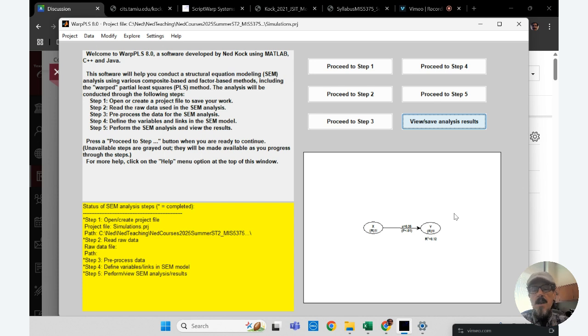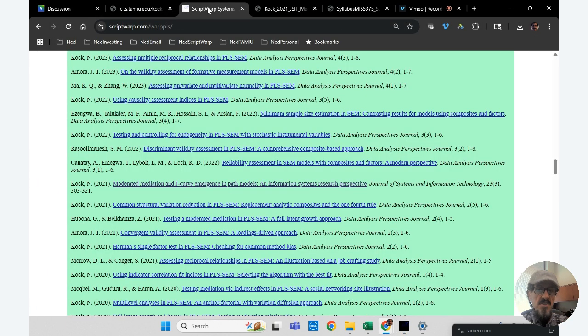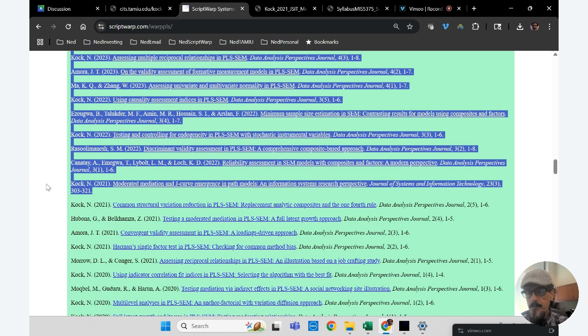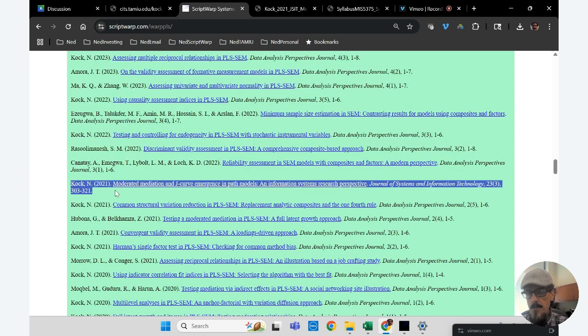Now, you may ask, what if I suspect that the relationship is nonlinear? What do I have to do to check whether the relationship is truly nonlinear and then do a nonlinear analysis? This is not for the class, just an extra, but I discussed this in this paper here: Moderated mediation and J-curve emergence in path models.